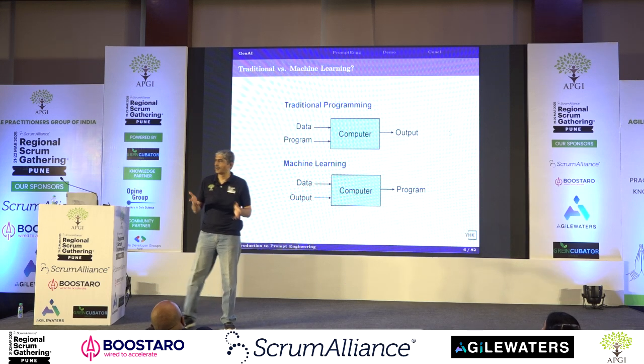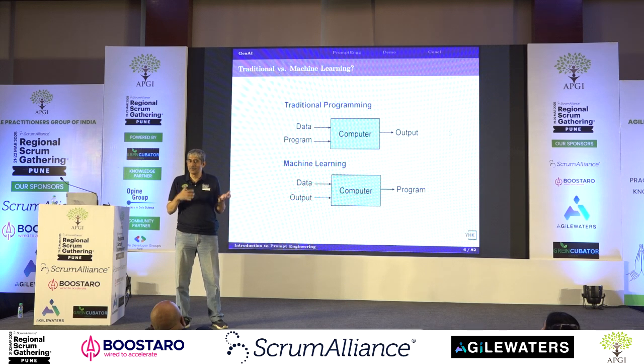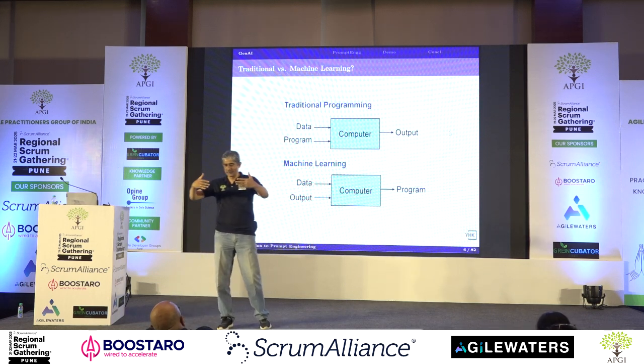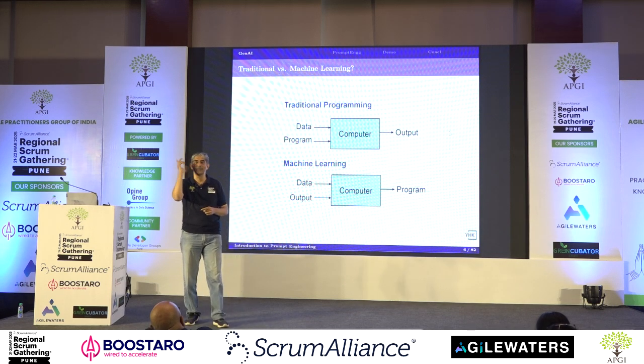You cannot write rules for that, right? It's very difficult. But we have the data from the past that for these 16,000 variables, it rained, it did not rain. It rained, it did not rain. So the whole crux of machine learning is, given these inputs, meaning input as well as output, it figures out the relationship. That's the power of machine learning.